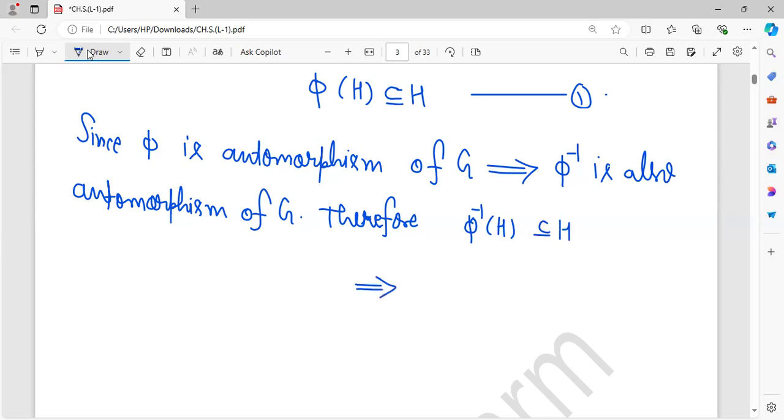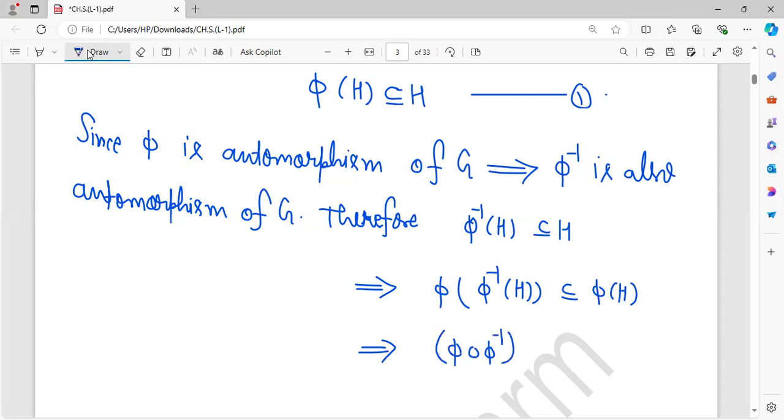It means that we can operate phi on both sides. Phi composed with phi inverse is nothing but the identity map.